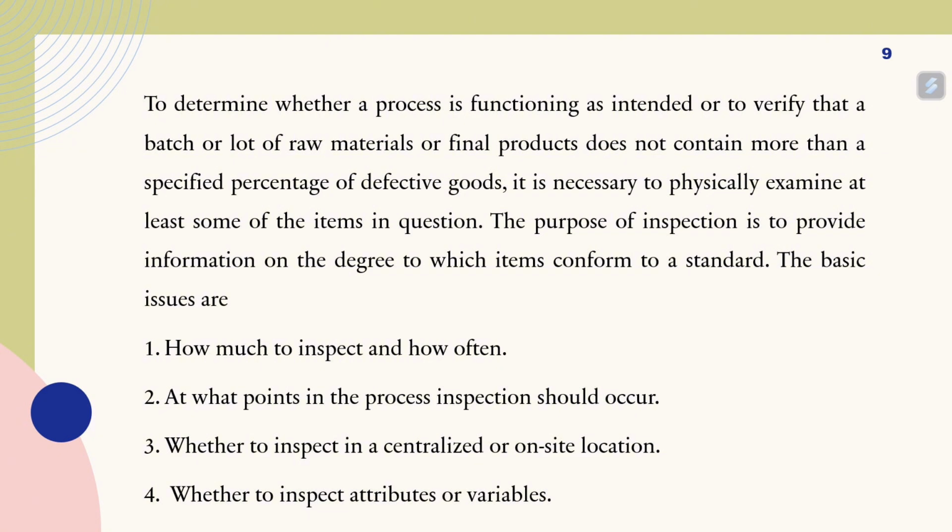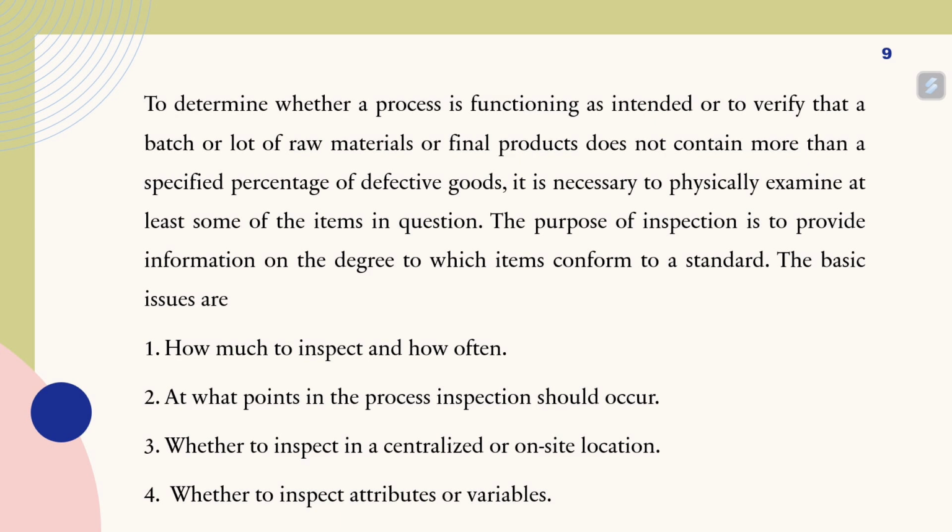To determine whether a process is functioning as intended or to verify that a batch or lot of raw materials or final products does not contain more than a specified percentage of defective goods, it is necessary to physically examine at least some of the items in question.